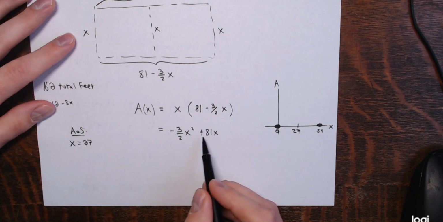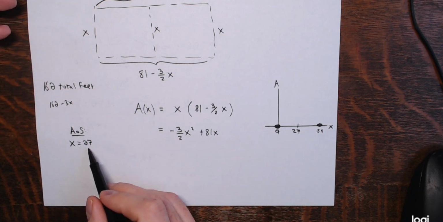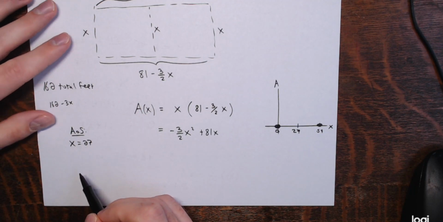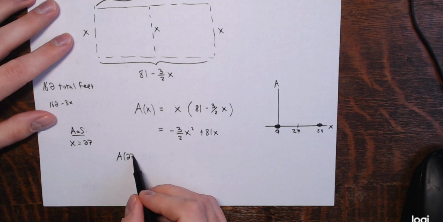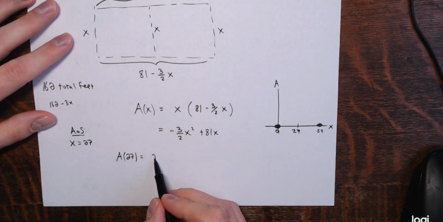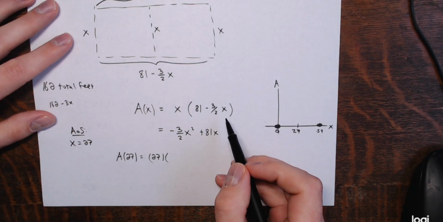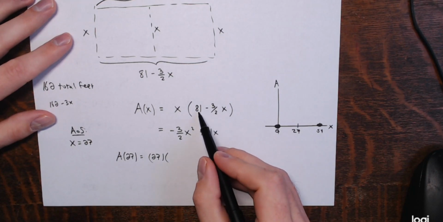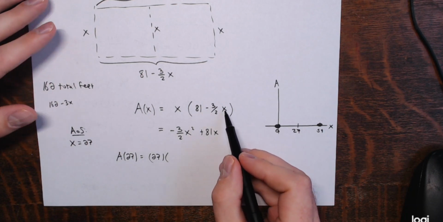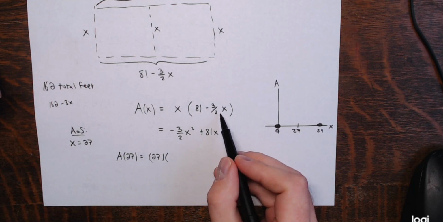Again, if you do the negative b over 2a, negative 81 over negative 3 would be positive 27. Negative b over 2a. And if I plug this in, the area at 27, I'll plug it in the factored form, is 27 times 81 minus, now 3 halves times 27 would be 81 halves.